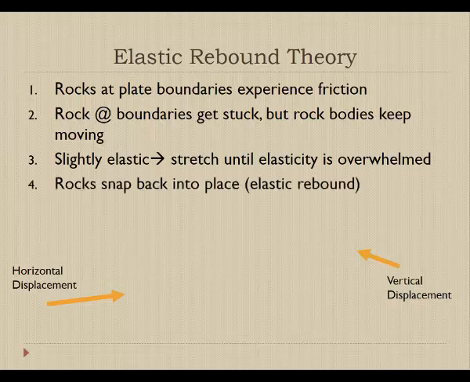And when this happens, the rock snaps back into place. So usually the rock that was being held in place by the friction snaps forward to catch up with the rest of the rock that moved on without it. So that process is called elastic rebound. That explains what's going on when earthquakes occur, and again, we call this elastic rebound theory.